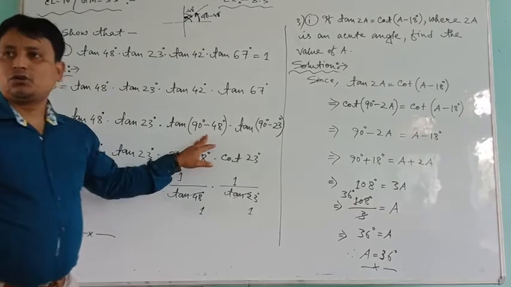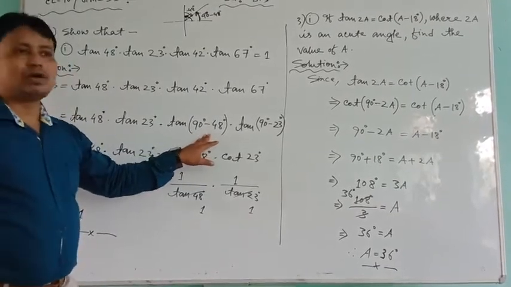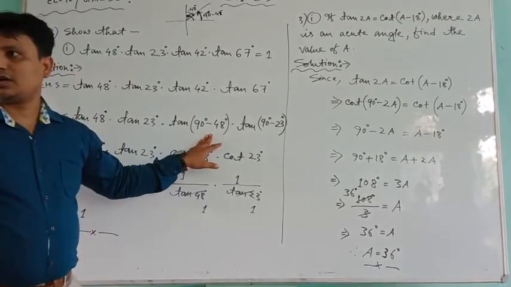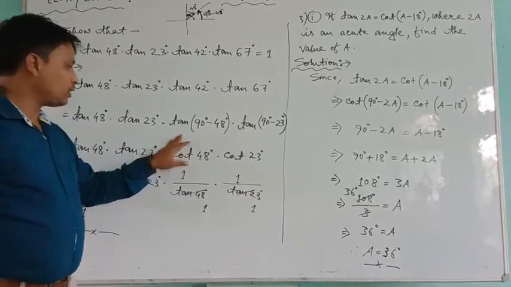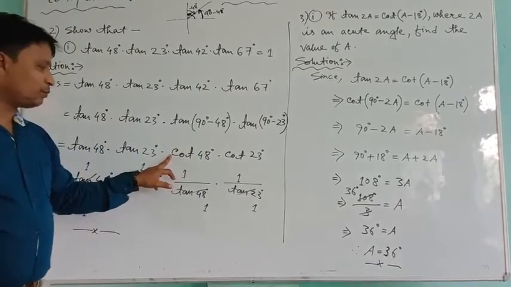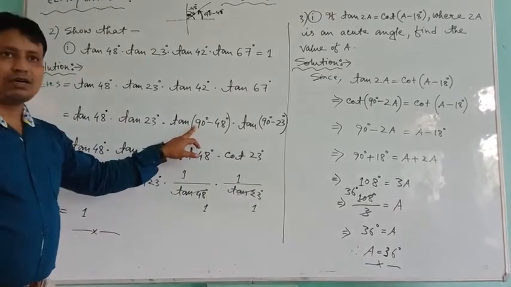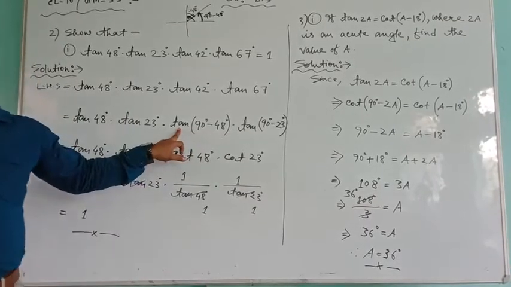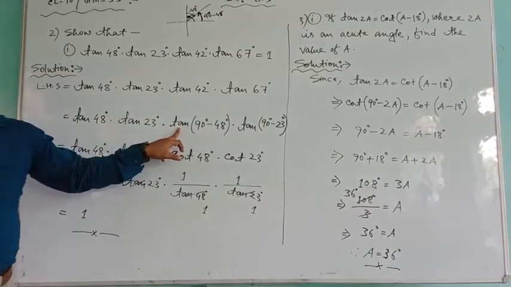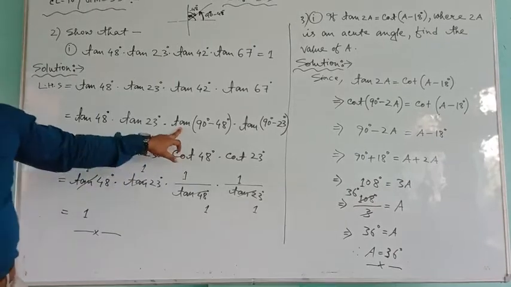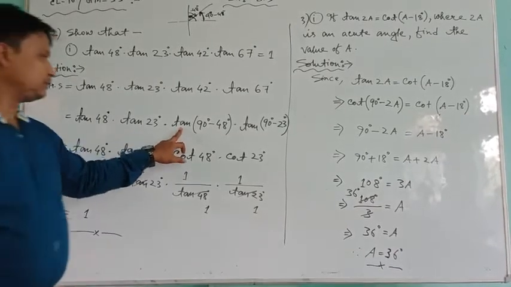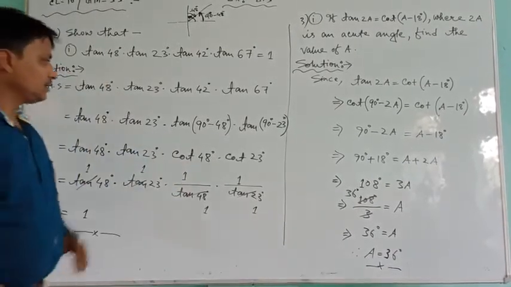So according to quadrant rules, in the first quadrant all the trigonometric ratios are positive, so positive. And one is an odd number, so tan changes into cot. Okay?